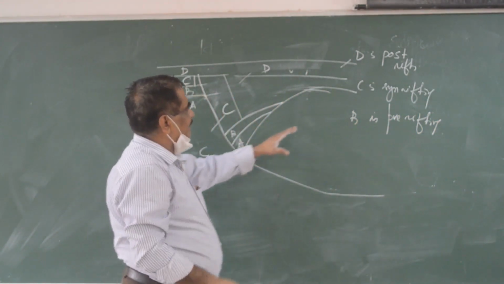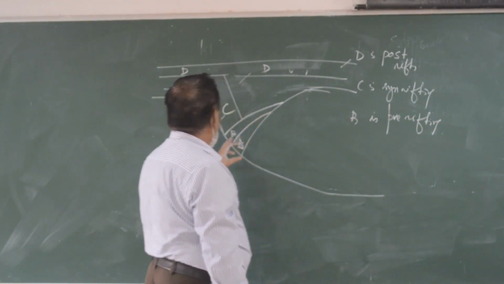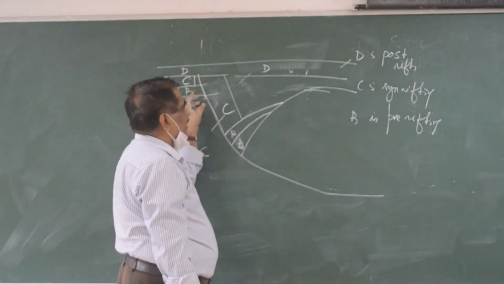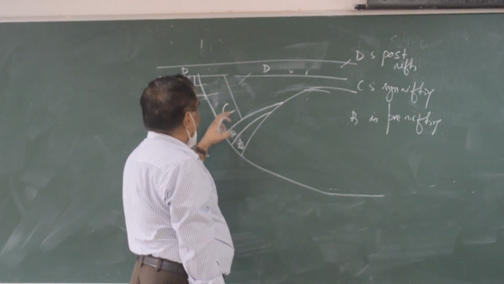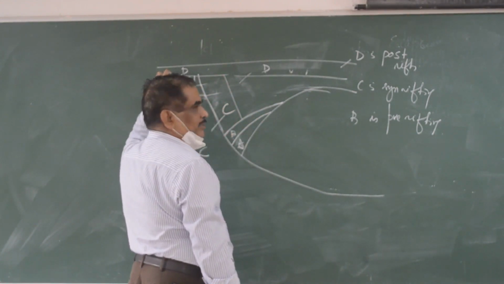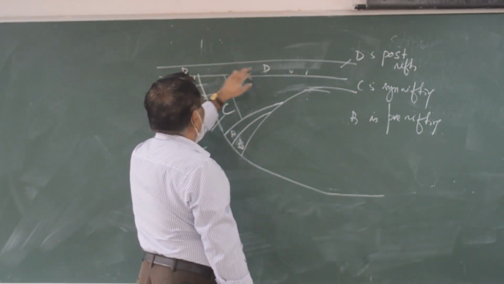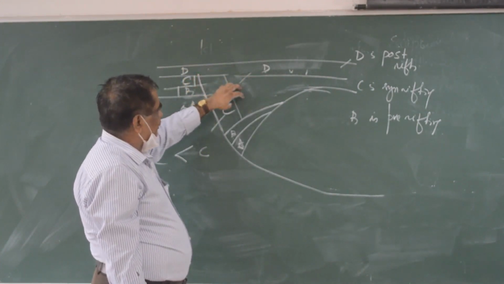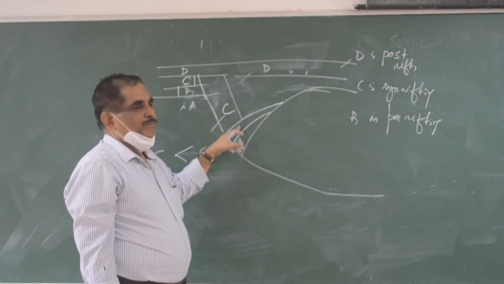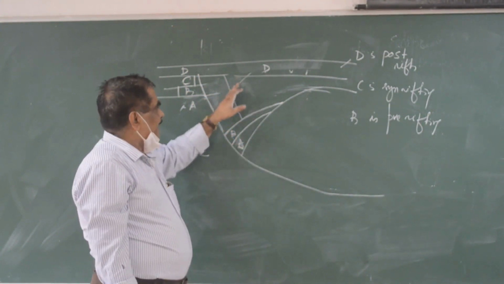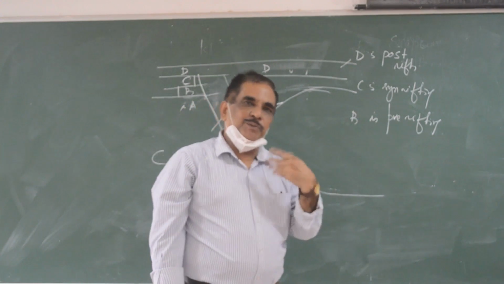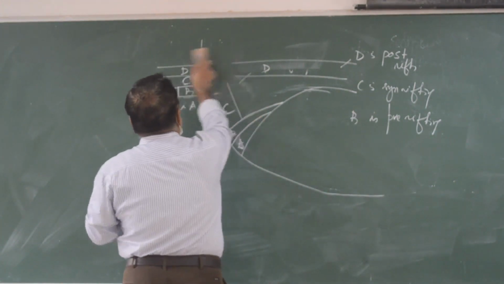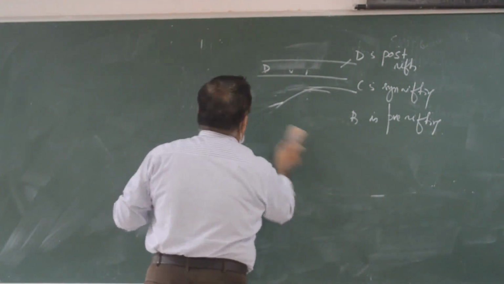The main thing is, D will be the same thickness as this B. C will be larger thickness in the basin compared to the surroundings, and D will be again the same thickness. So this is post-drifting, this is syn-drifting, this is pre-drifting. So this is how the beds will be identified, whether they were deposited during drifting, before drifting, or post drifting. So I will draw another sketch where it will be further clear.